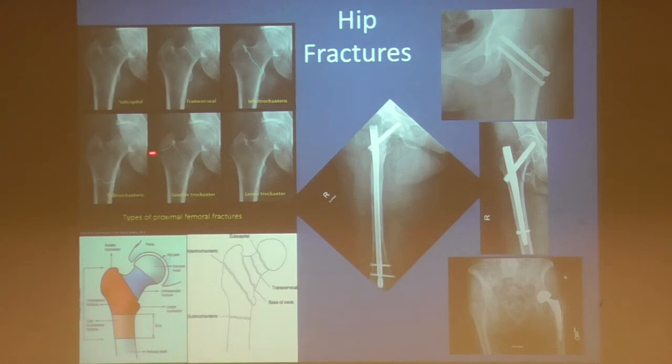Your greater trochanter fractures, you may have noticed if you consulted us and it was just a greater trochanter fracture, those are the patients that you assume are going to have hip surgery, and then the orthopedist comes and says no, they can be weight-bearing as tolerated, they don't need surgery.